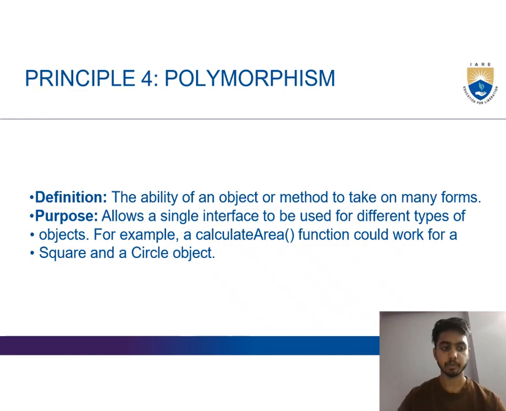The calculate area method could be defined differently in the square and circle classes, but you can call calculate area on either object and it will automatically perform the right calculation. This principle makes OOP flexible and extensible, allowing new object types to be added easily without changing existing code.